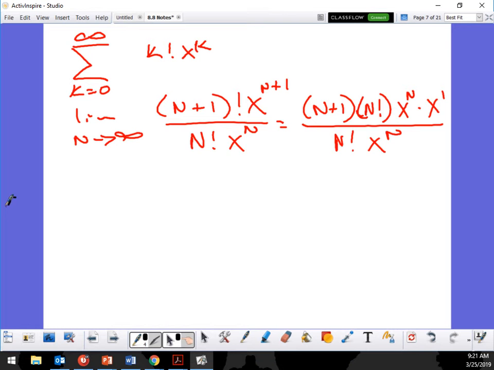Cancel, cancel, cancel. So I'm left with the absolute value of x times the limit as n goes to infinity of n plus 1. That's all I have left, right?